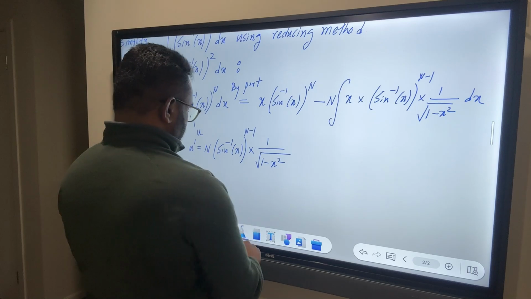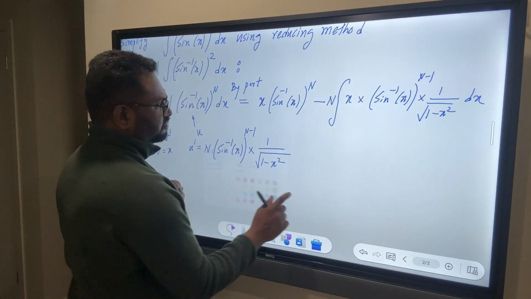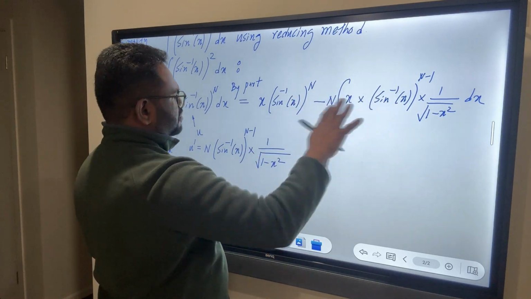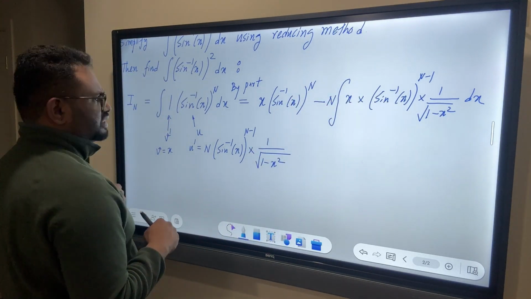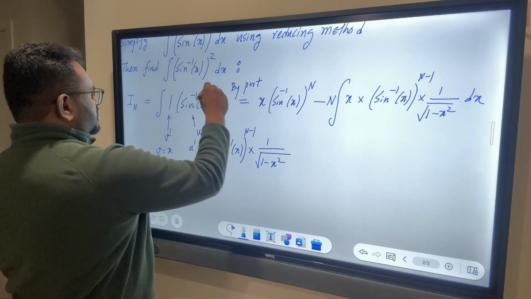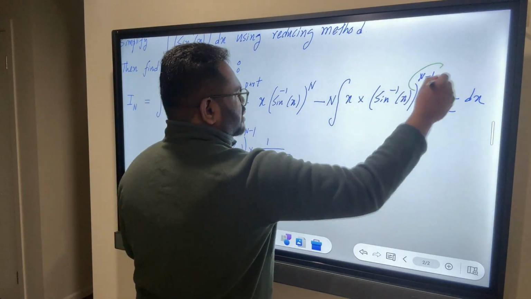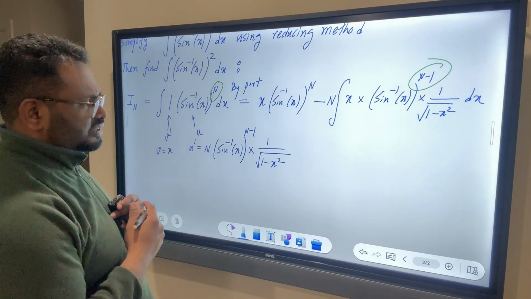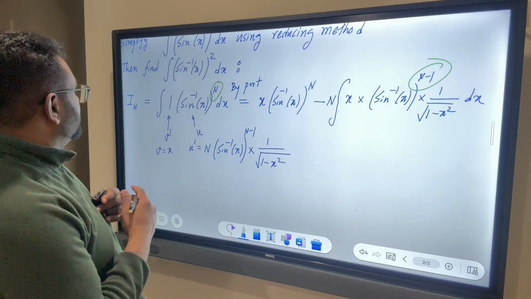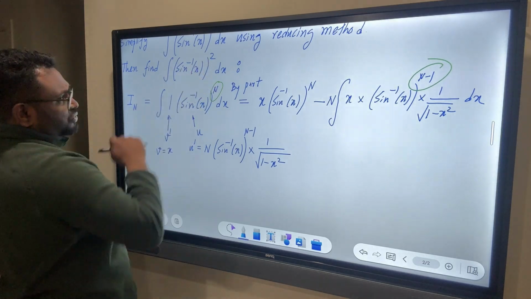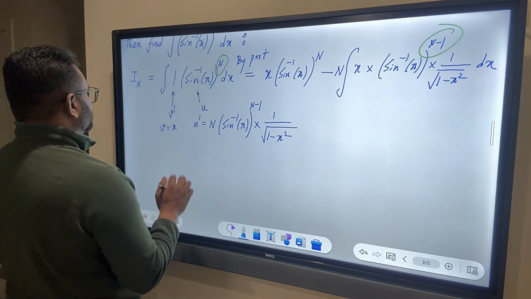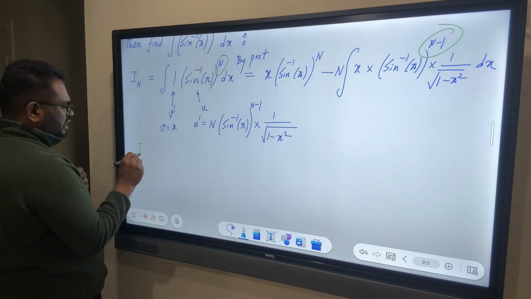Okay. So now this is our simplification considering the reduction method. So n becomes n minus 1, so we reduced it. But if we want to simplify further, it's going to be a mess. However, we need to find when n is equal to 2. So what we are going to do now, I'm going to say n equals 2.